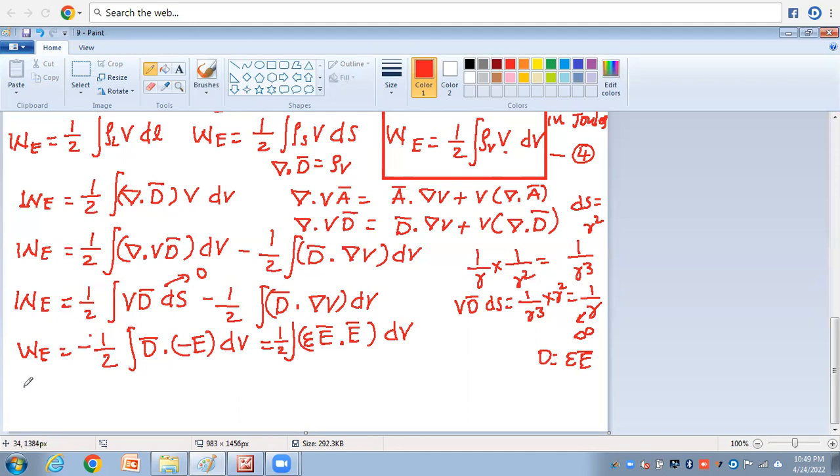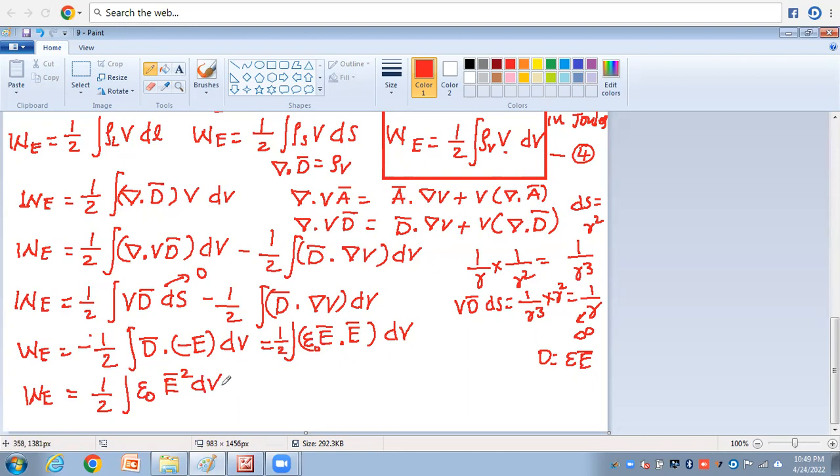The final expression W E, the energy, equals 1 by 2 integral epsilon E square; here you can consider free space, epsilon naught E square, with respect to dV.